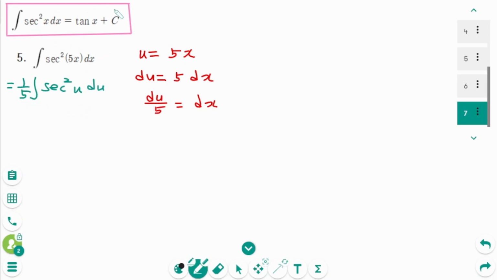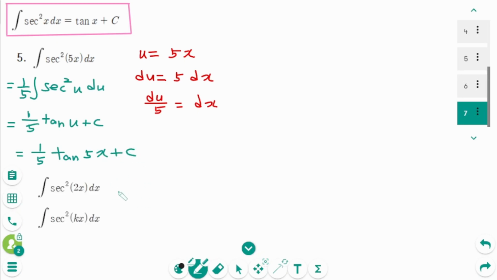Use the basic formula: the integral of secant squared x is tangent x. So tangent u plus c equals 1 over 5 tangent u, where u was 5x, plus c.